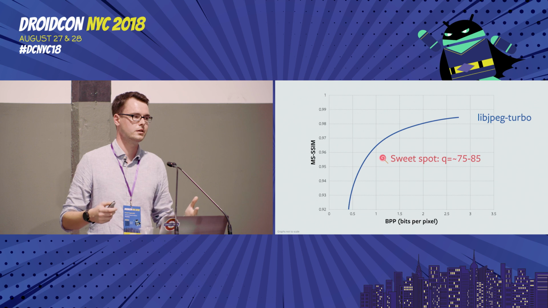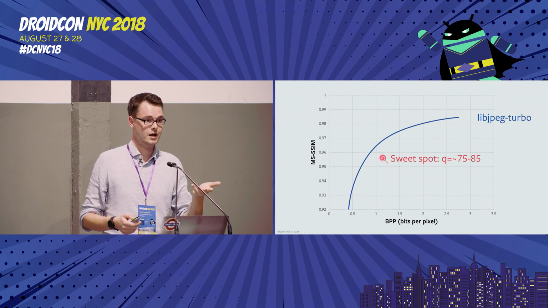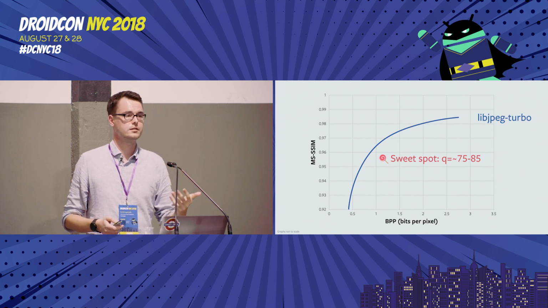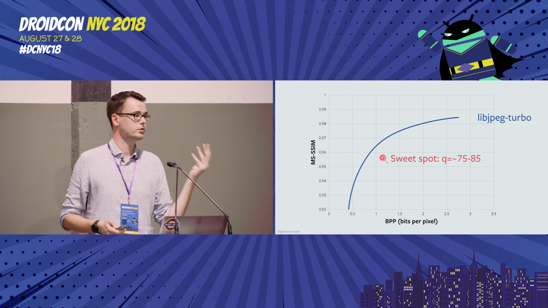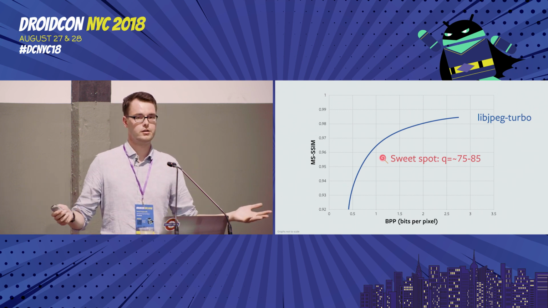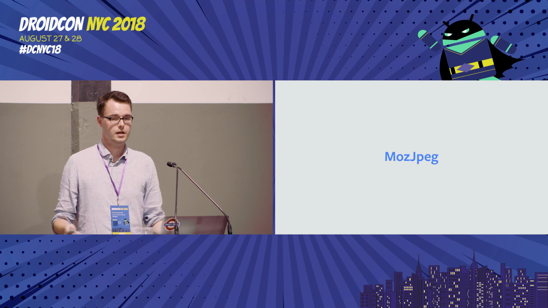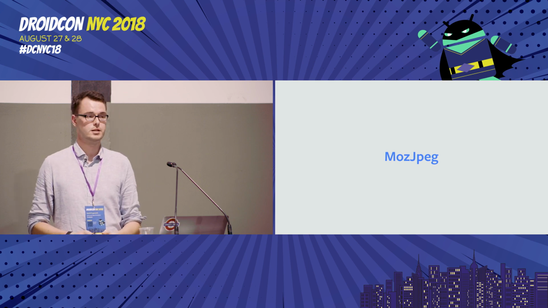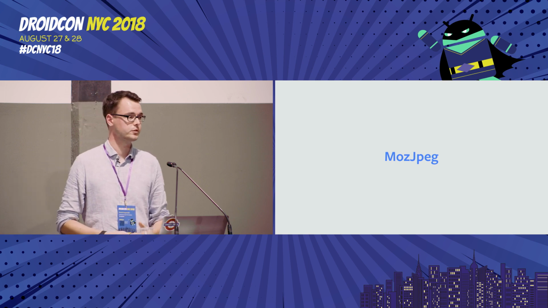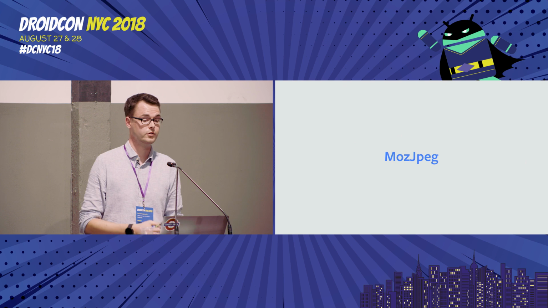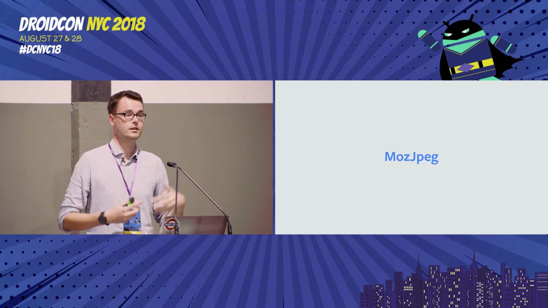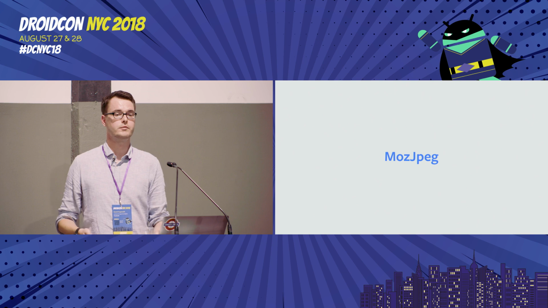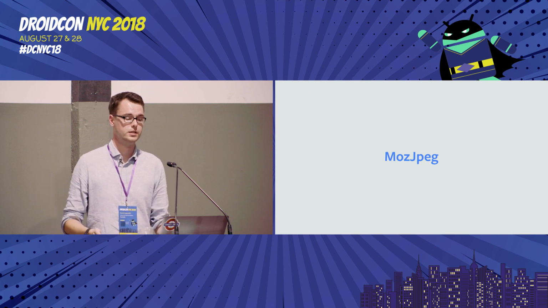That's the range where you already have a good quality baseline, but still get good return on the bits that you spend. You can also use this graph to compare different implementations. One popular one is Mozilla JPEG, which was released by Mozilla in 2014. The only thing it does differently is that in the encoding step, it spends a bit more time and resources on finding better parameters.